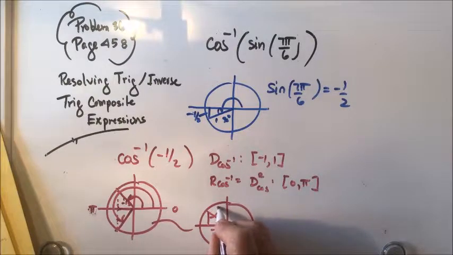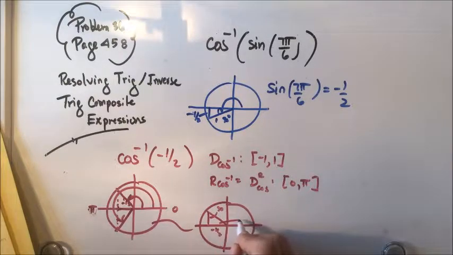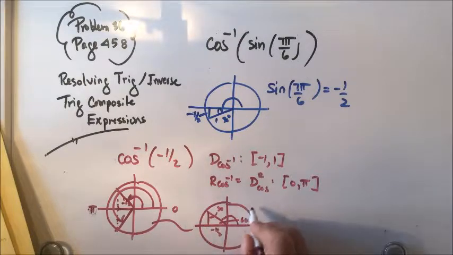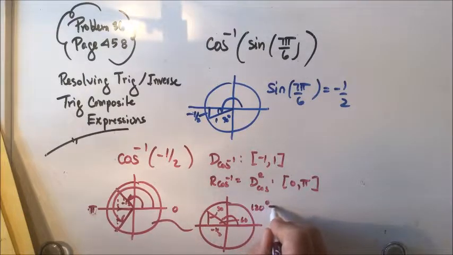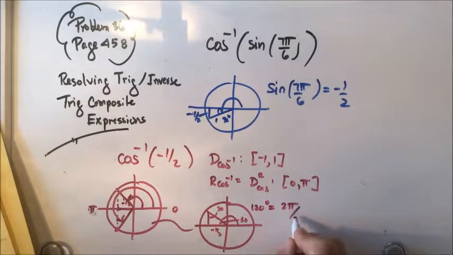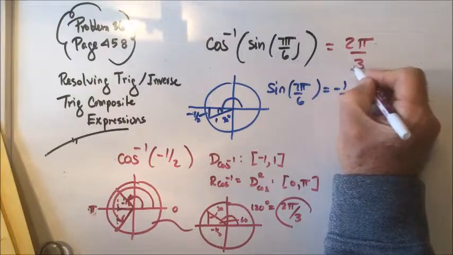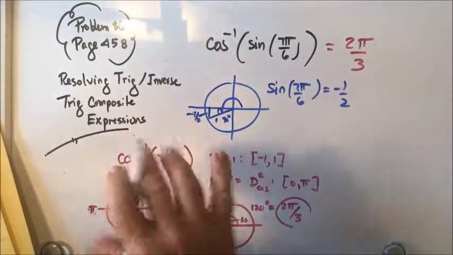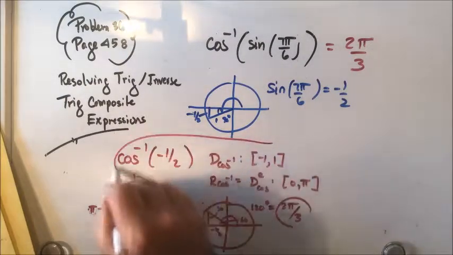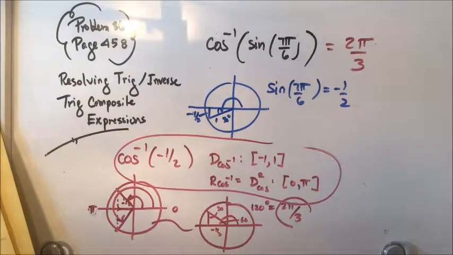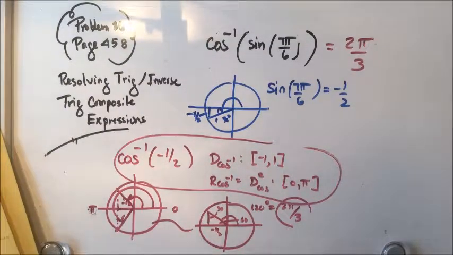That makes this 30 degrees, that makes this 60 degrees, and that makes this angle 60 degrees shy of 180, or 120 degrees, which is the same thing as 2 pi over 3. Okay, so the answer is 2 pi over 3. We reached it with careful consideration of the domains.